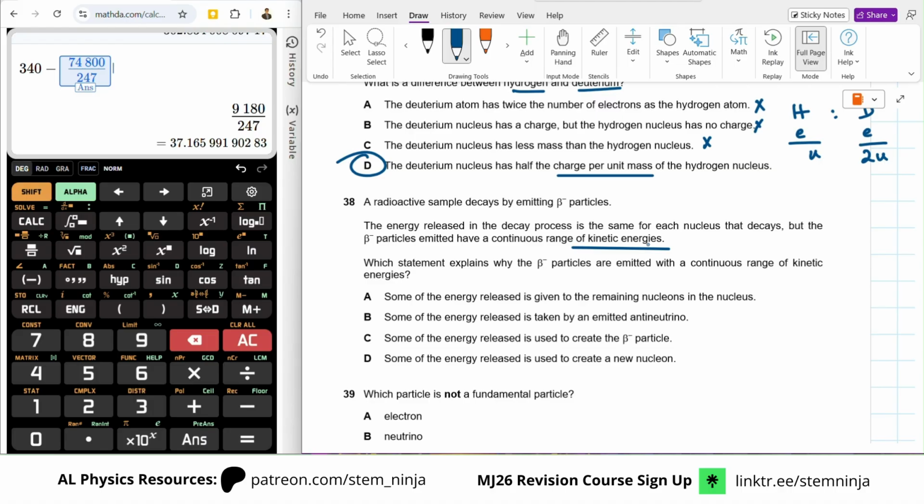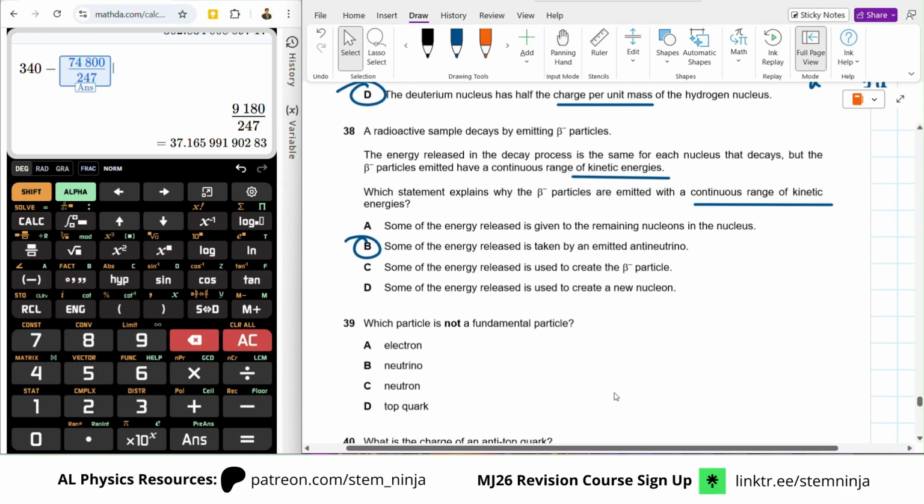Which statement explains why the beta negative particles are emitted with a continuous range of kinetic energies? The reason behind that is that it has to share energies with antineutrinos. So given to remaining nucleons, no. Release is taken by an emitted antineutrino. This would be the correct one.